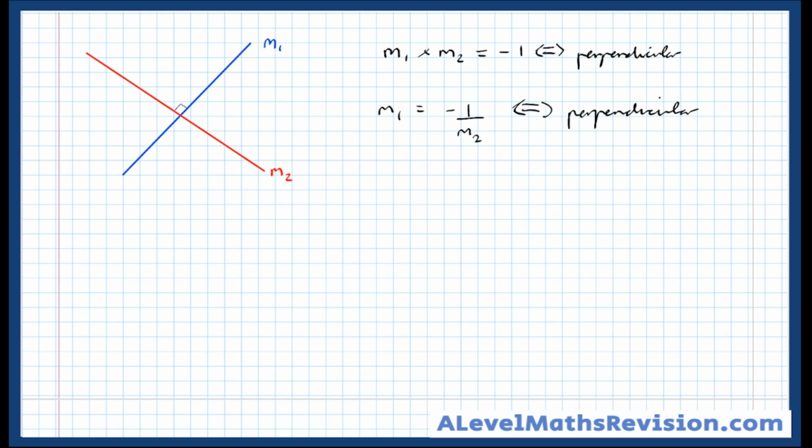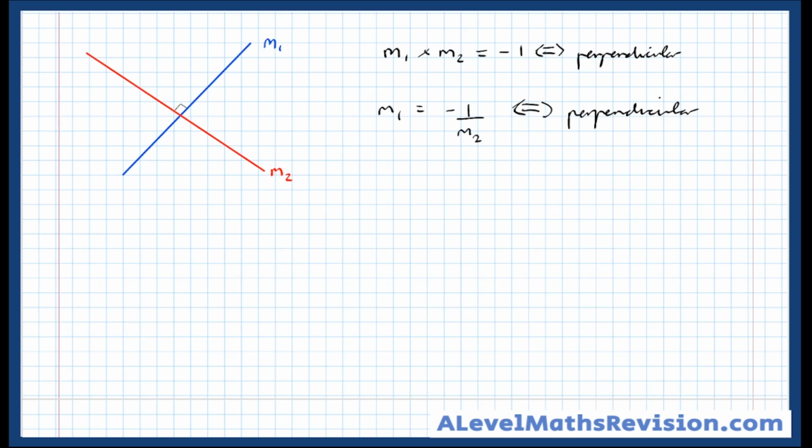And this is a commonly used fact as well. If one gradient is negative 1 over the other gradient, i.e. the negative reciprocal, that is the common word, the negative reciprocal. If one gradient is the negative reciprocal of the other, then that also implies they are perpendicular.